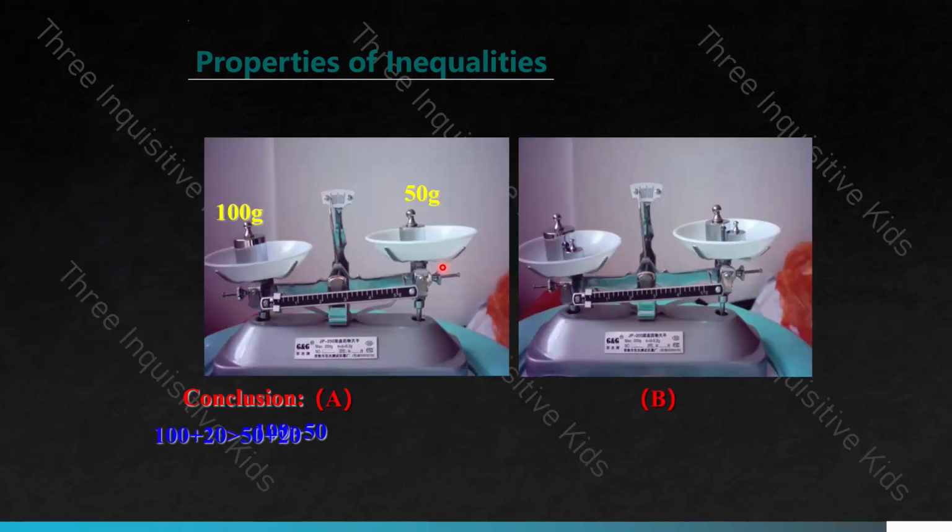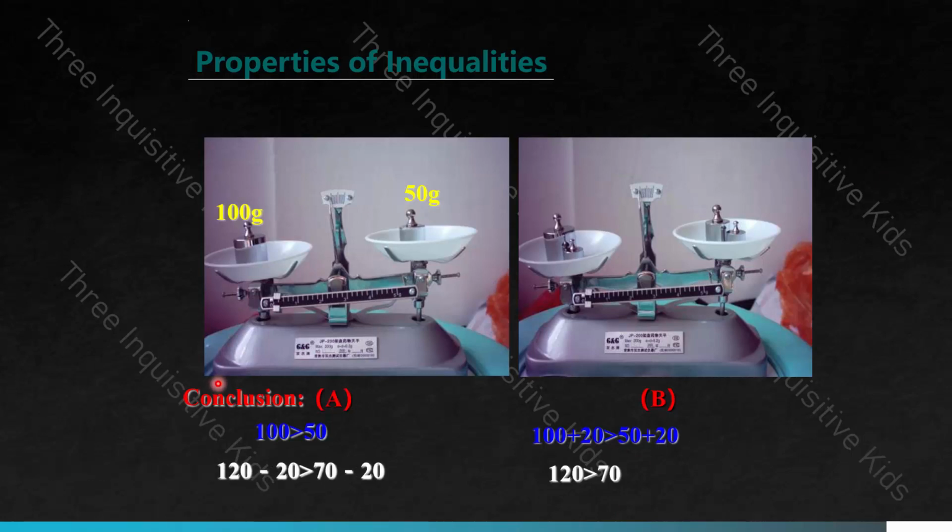Now here is Exhibit B. Adding 20 grams to both sides of the weight still allows for the left side to be heavier. Our conclusion to describe this scenario would be 100 plus 20 is greater than 50 plus 20, which can be simplified down to 120 is greater than 70.